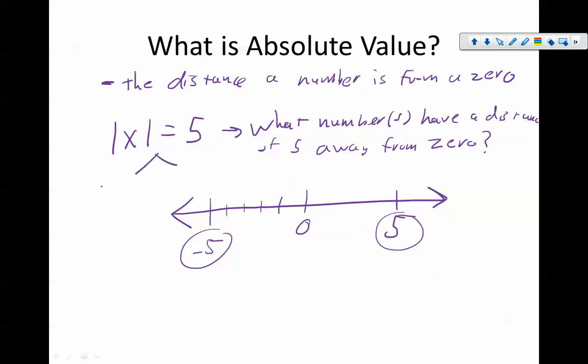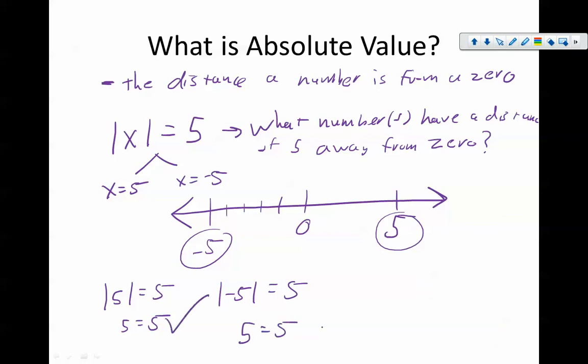Essentially, we can split this up into a positive and negative answer. Notice that what was in the absolute value is now 5 or negative 5, because both of these solutions work. If I plug 5 in, the absolute value of 5 is 5, so 5 equals 5. And if I plug negative 5 in, the absolute value of negative 5 is 5. So these both check out to be true statements.